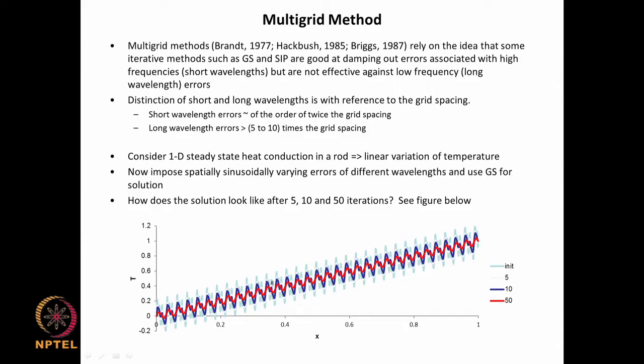That is the variation being imposed, and we would like to see that if you take this wavy T as your initial guess, then after how many iterations the waviness disappears and we get a perfectly linear variation. That is what we are trying to see here. It is difficult to see in this, so we have a magnified version here.